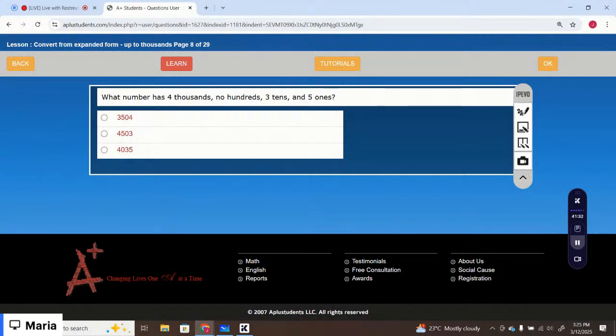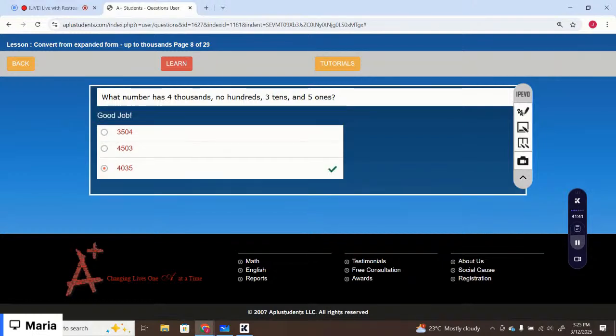Four thousands, no hundreds means the hundreds digit is zero, then three tens and five ones, so they make 4,035. Option number three is the correct option.